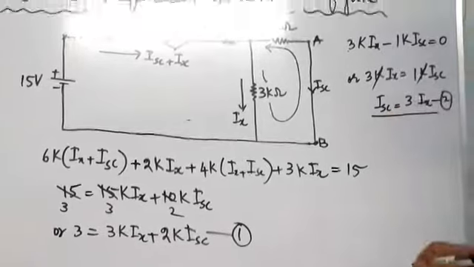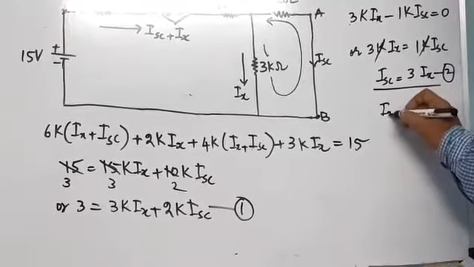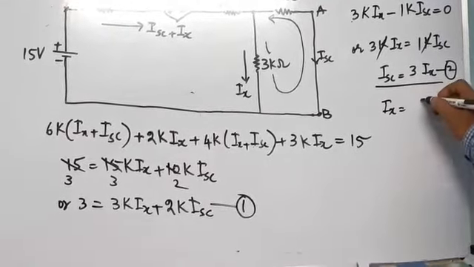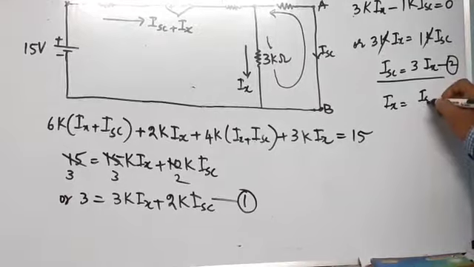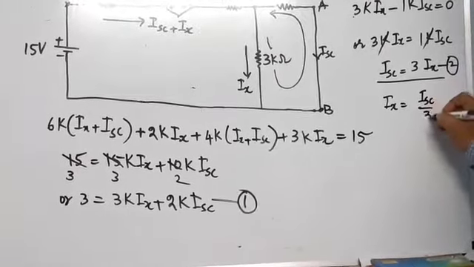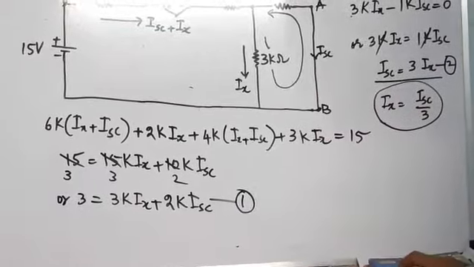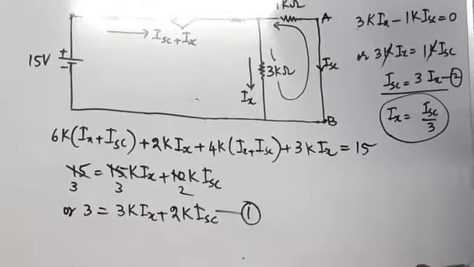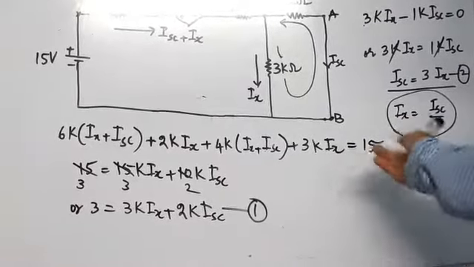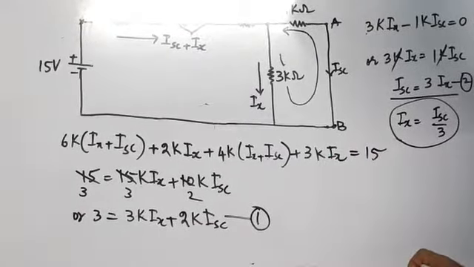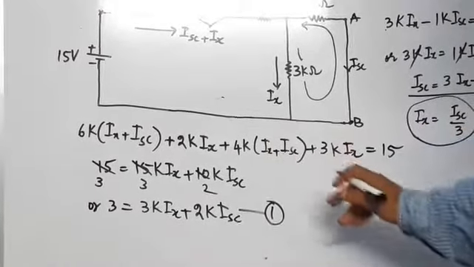So I substitute this. Ix value is how much? Ix is equal to Isc by 3. So from these equations, either this or that can be found out. So I substitute in this equation there.